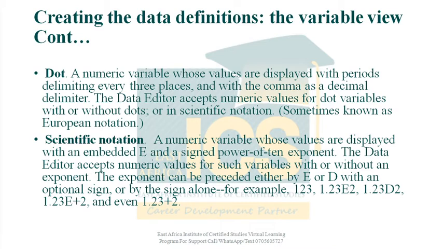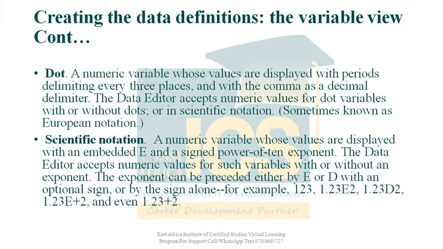The exponent can be preceded either by e or d with an optional sign, or by the sign alone. For example, 123 can be written as 1.23 e2. So e denotes the 10 to the power 2, the exponent. That's what you're talking about.